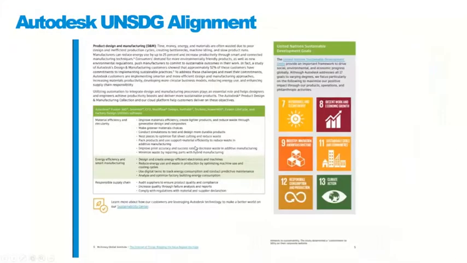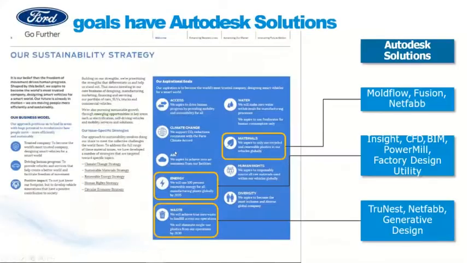So on the other hand, what are the solutions that Autodesk can give to all our users when it comes to manufacturing and construction? One of our clients, Ford, one of the top manufacturers of automobiles nowadays, has aspirational goals in line with the United Nations Sustainable Development Goals.